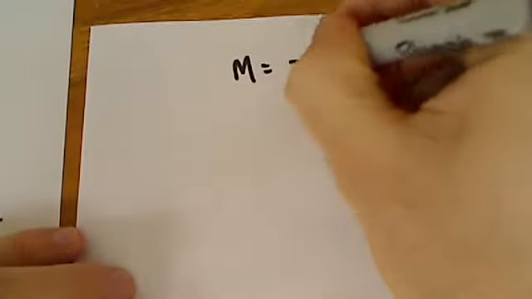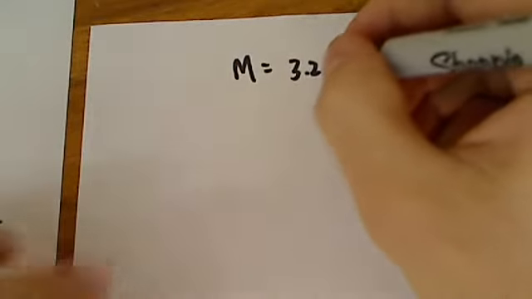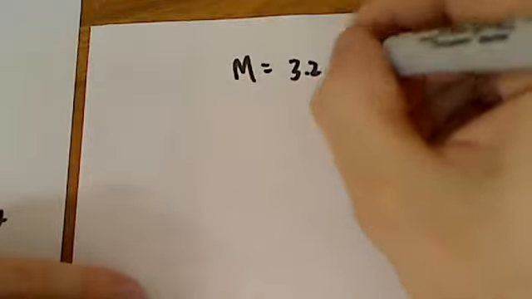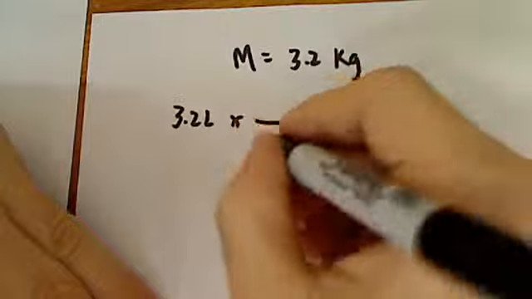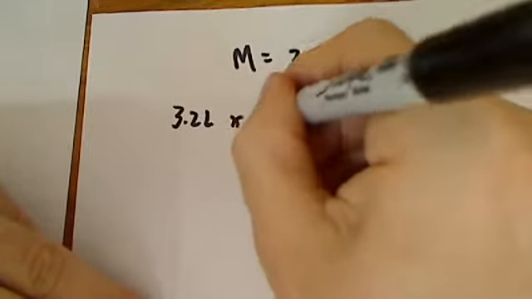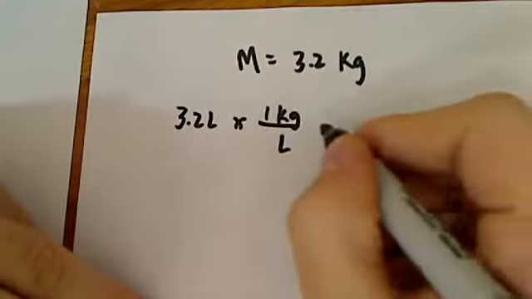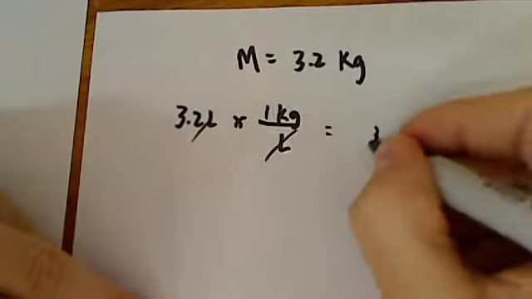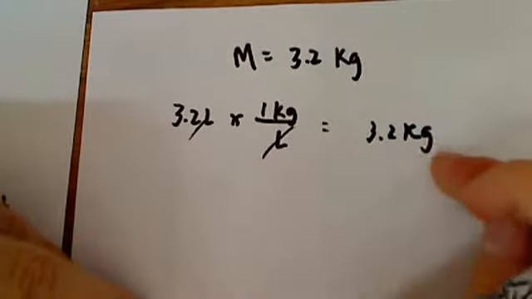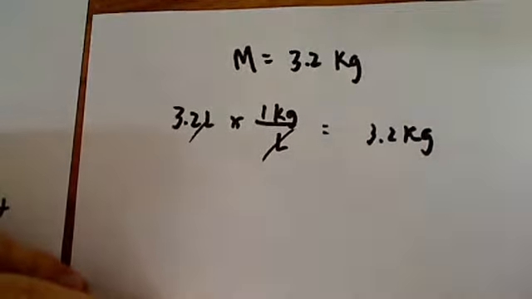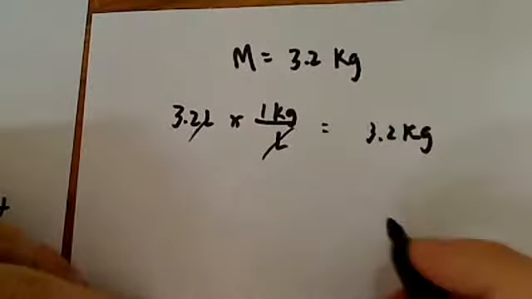So, its mass is 3.2 kilograms. And the conversion factor I did there was 3.2 liters times water has 1 kilogram per liter. So that's just equal to 3.2 kilograms. That's the mass of water that it displaces. And because it's floating, that must also be the mass of the object. So we have the mass of the object and the volume of the object.